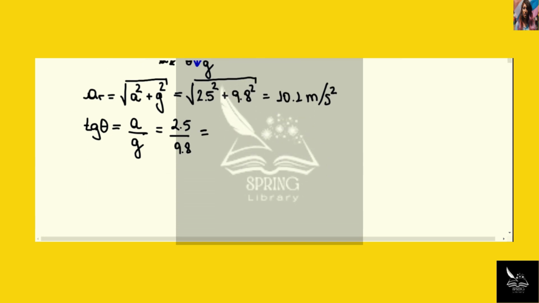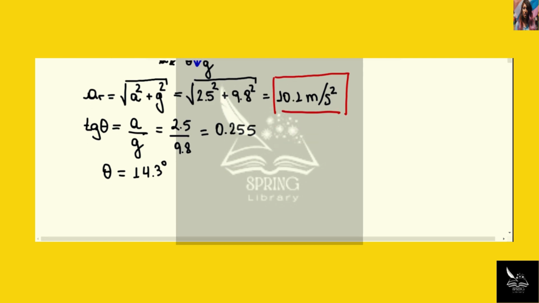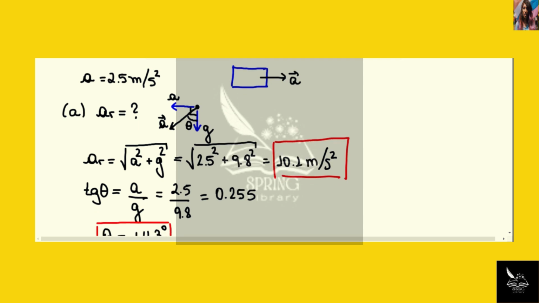So the tangent of theta is 0.255. And taking the arc tangent of 0.255, we have theta equals 14.3 degrees. So the magnitude of the acceleration is 10.1 meters per second squared. The angle is 14.3 degrees with the vertical.